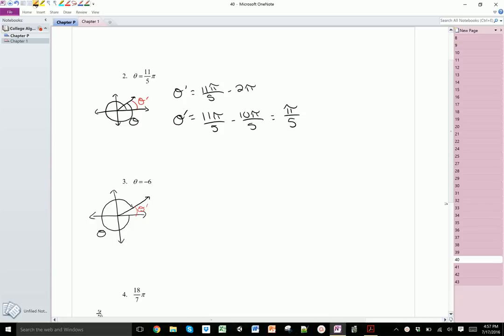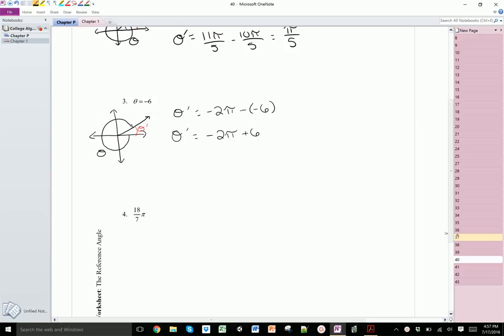So I'm going to find theta prime by doing negative 2 pi minus negative 6. Okay, and I'm just going to leave it in that format. Theta prime is equal to negative 2 pi plus 6.